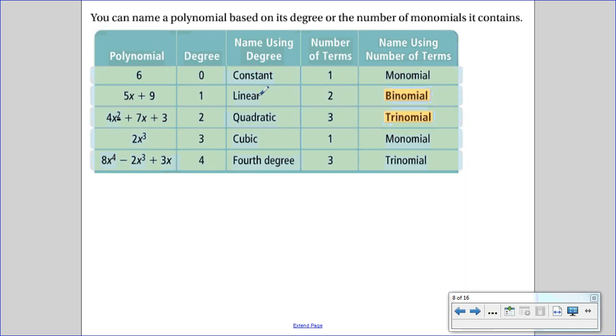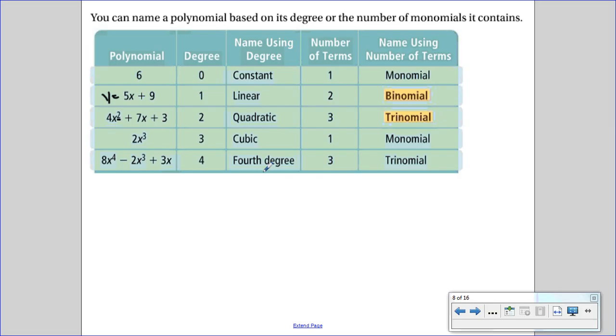When the degree is 1, it's linear. Think about that: it's the same as y equals 5x plus 9, slope-intercept form, the basic form for a line. A degree of 2 is a quadratic, a degree of 3 is a cubic, and anything more than that, we just say it like a 4th degree polynomial.